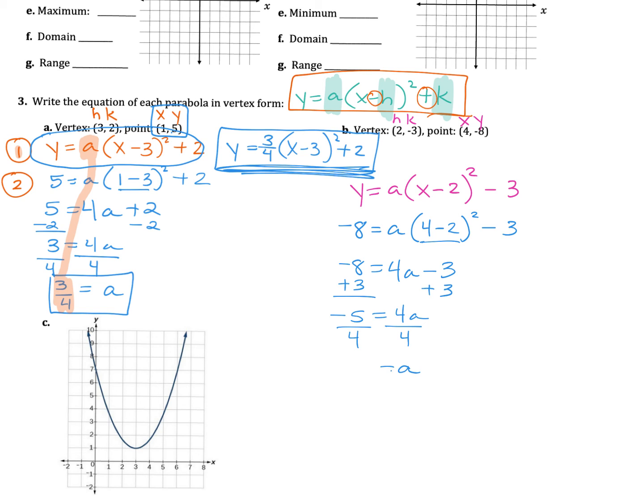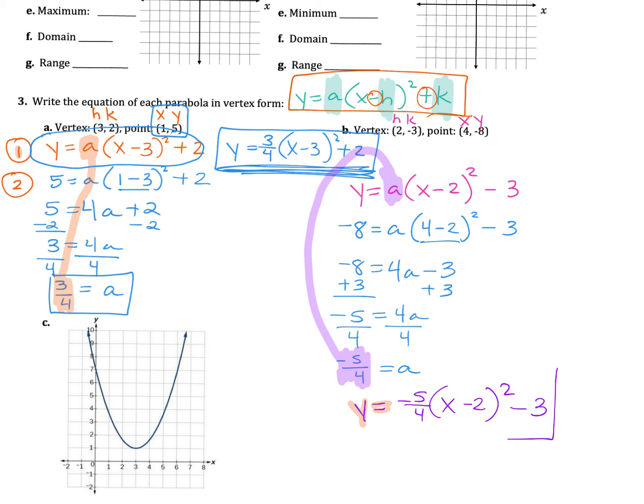Okay, so a is negative 5 over 4, and then you just take that a, this negative 5 over 4, and it gets dropped into that very first equation that we wrote right here. So it's going to be y equals negative 5/4 times x minus 2 squared minus 3.